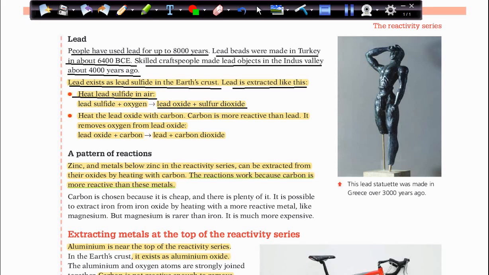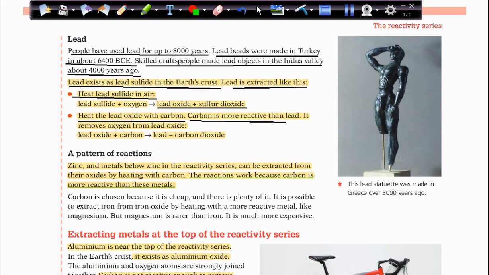So we didn't extract lead yet, so we need another way to extract lead. Now we have converted lead sulfide to lead oxide, and now we should heat the lead oxide with carbon, because carbon can replace the lead, and we can extract lead alone.